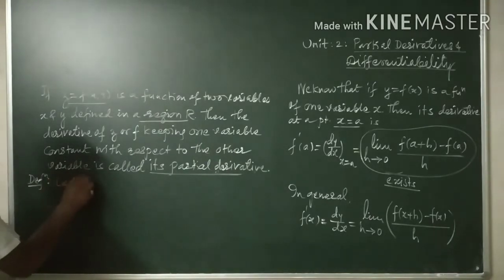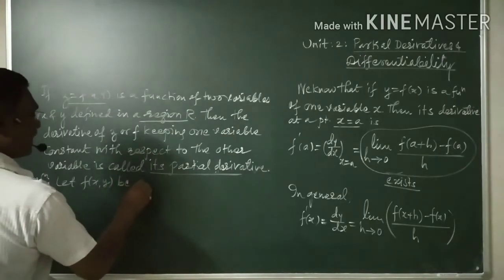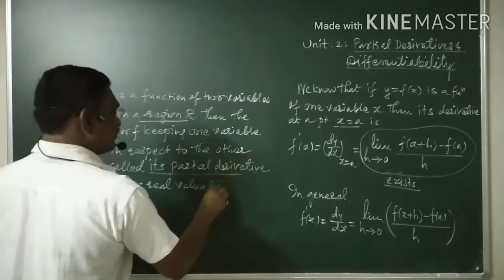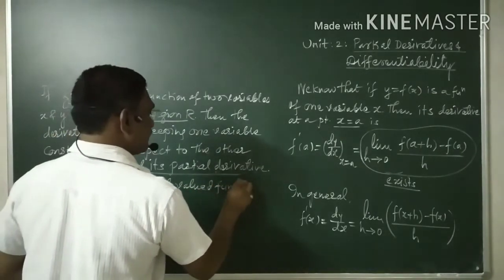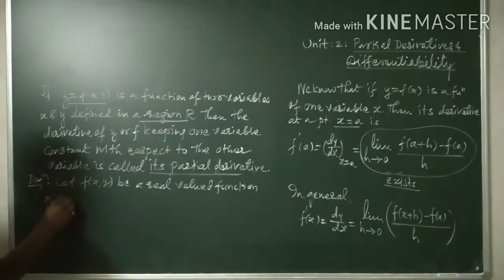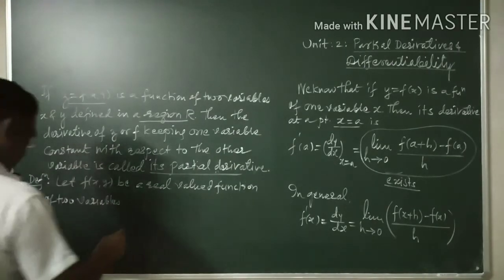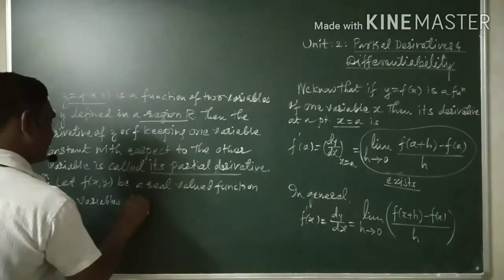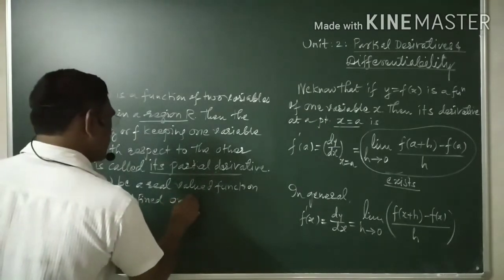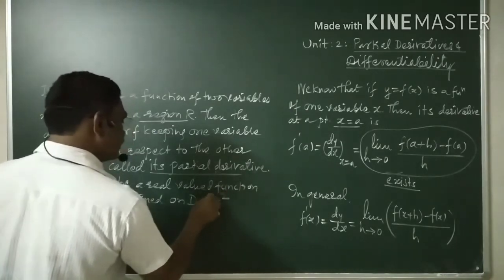Let f of x, y be a real valued function of two variables, defined on D, which is a subset of R2.